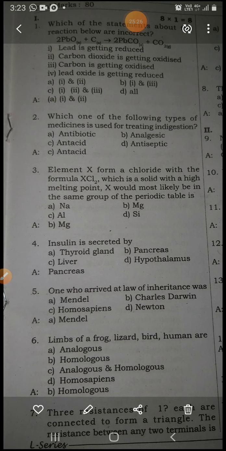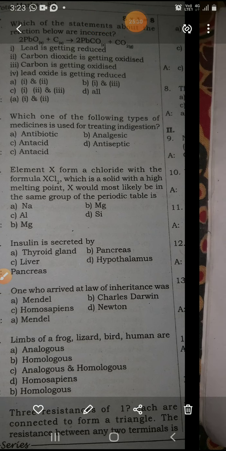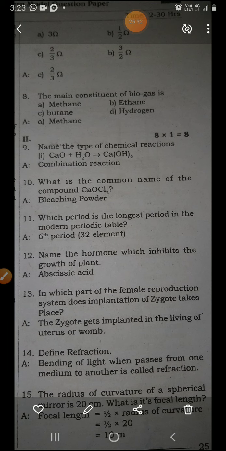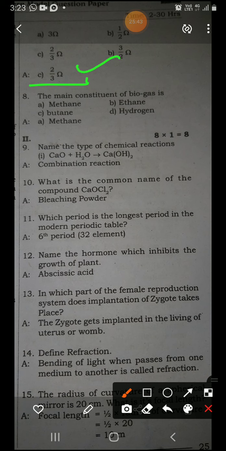The resistance between any two terminals is, kindly do this calculation, the answer will be 2 by 3. Answer will be 2 by 3 ohm, the right answer, which is option number C.